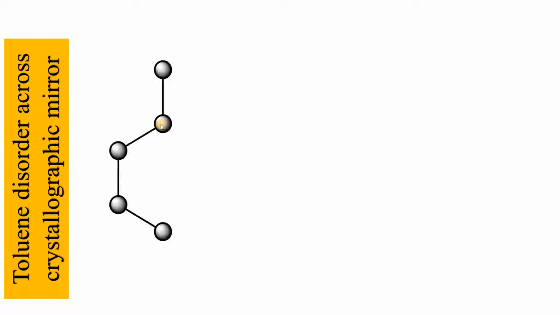The situation is something like this. So we are getting only this part of the structure, 1, 2, 3, 4, and 5. These 5 atoms we are getting in the asymmetric unit. And out of these 5 atoms, these 3 atoms are on the special position, meaning these are on the crystallographic mirror, and these are only half occupied, and these are fully occupied.